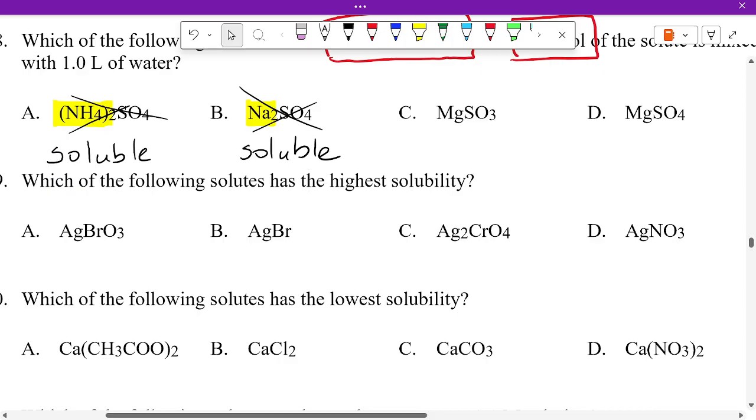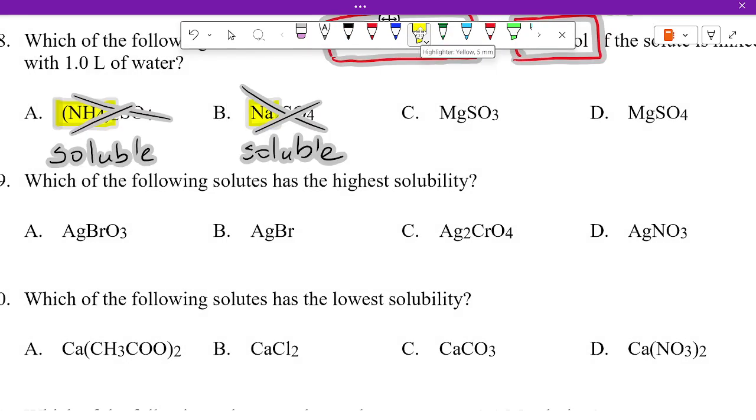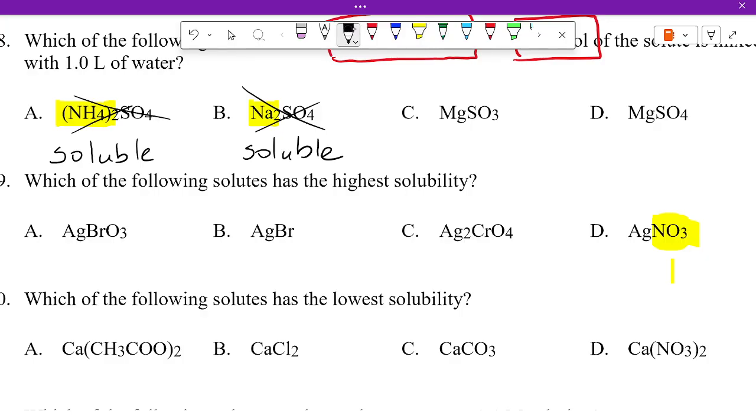Why is that? Because we have nitrate, and nitrate is always soluble. Silver's low solubility with most stuff.